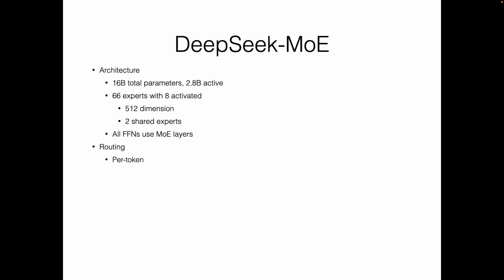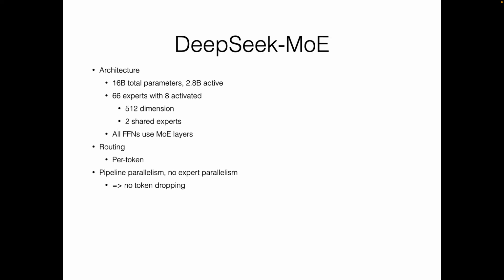They do the per token routing as I mentioned. And interestingly, they don't do expert parallelism. What they do is pipeline parallelism. If you remember, pipeline parallelism is basically, as you move through the network, you allocate it to different devices. So in their case, they're able to fit all of their experts on a given device. As you go through the pipeline, you're just moving to different devices.